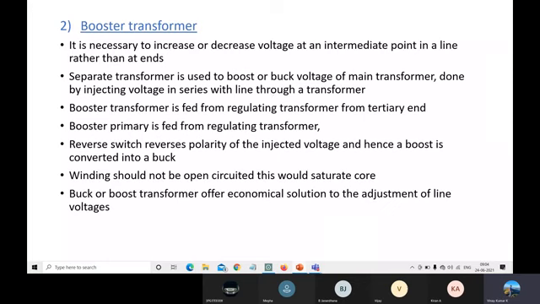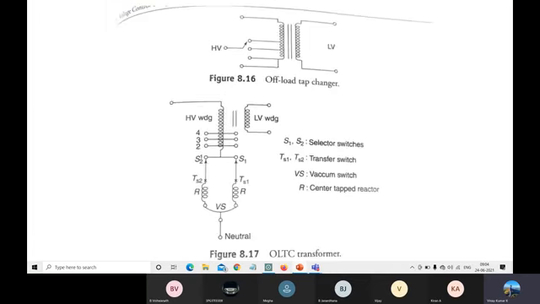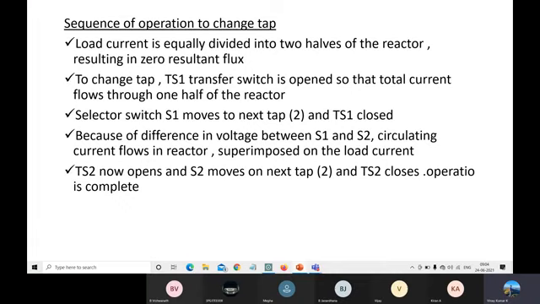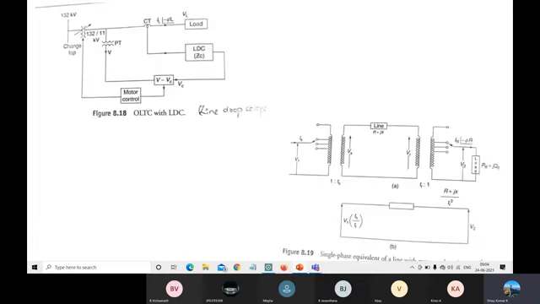Yesterday we were on the discussion of voltage control, the methods of voltage control by using transformers. In that, yesterday we discussed the tap changing transformers. Depending upon the position of the tap, we can control the voltage.